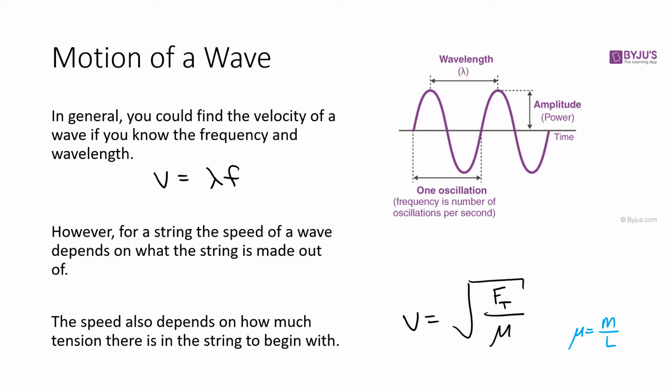There's molecules hitting each other. Then sound or other types of waves can move through materials. So, a sound wave, we'll get to sound proper in a minute. But sound can travel through materials as well, and it depends on what the material is made out of. Very similar to this.